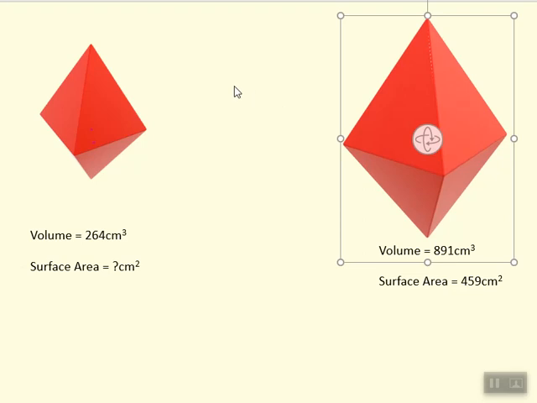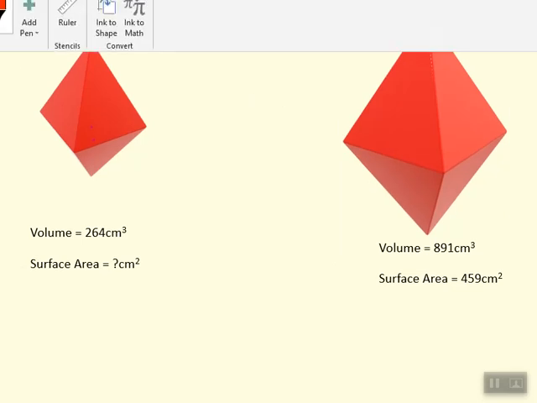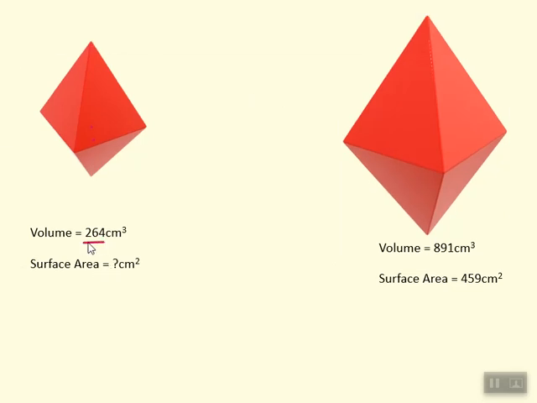Some information we've got is that the volume of the smaller one is 264 centimeters cubed. The volume of the larger one is 891 centimeters cubed. We also know the surface area of the larger one, but we don't know the surface area of the smaller one. Now this one's a tough question.